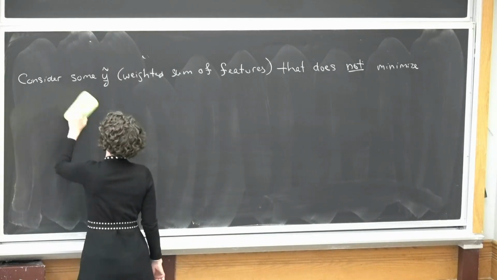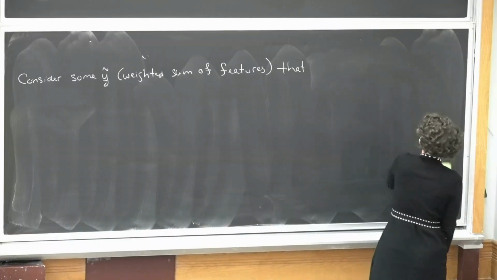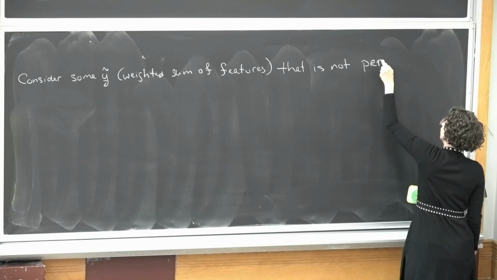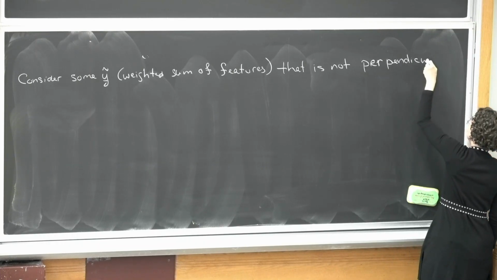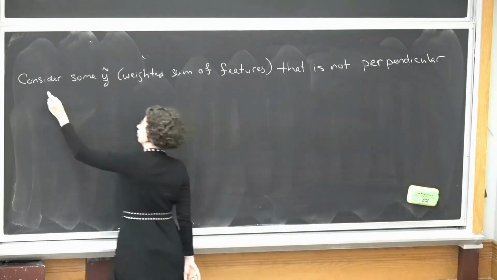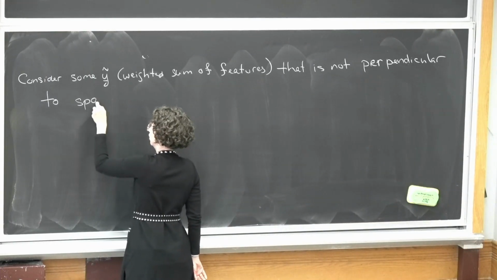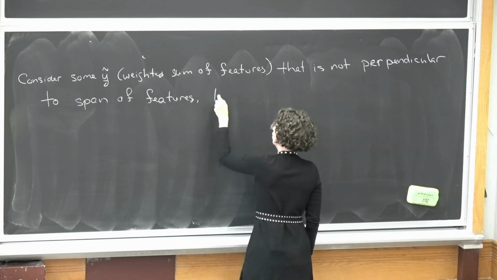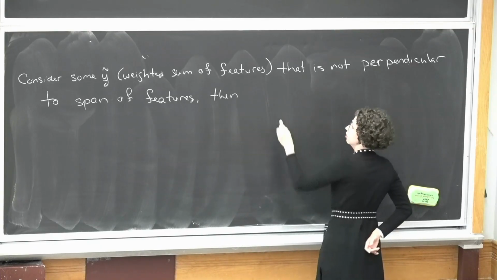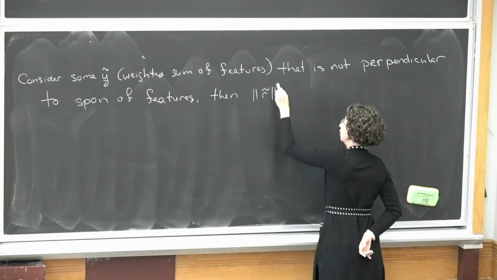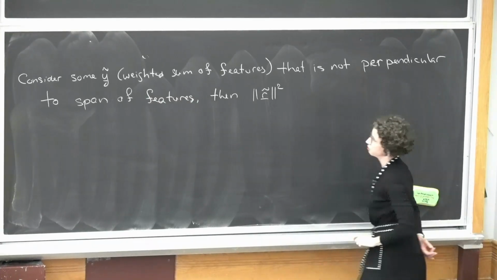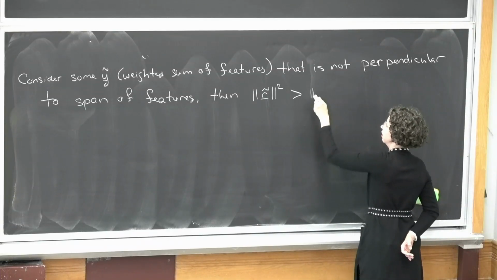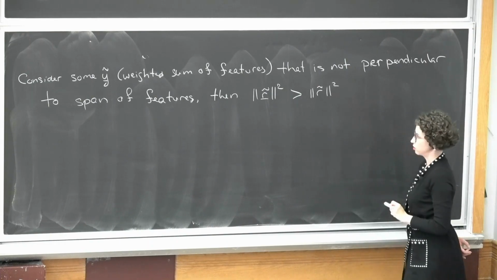or let me put it the other way. That is not perpendicular to the span of the features. Then the corresponding r tilde length, the sum of the squared residuals associated with this y tilde, would have to be bigger than the least squares solution.